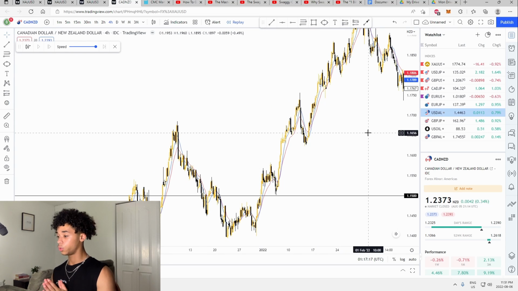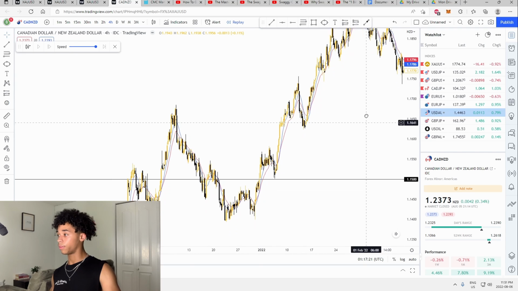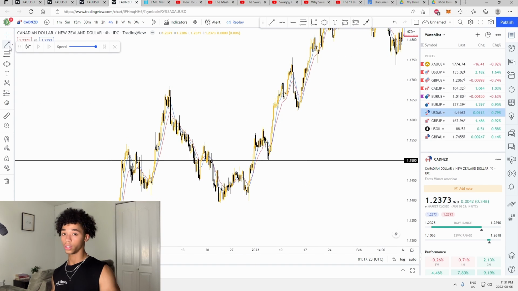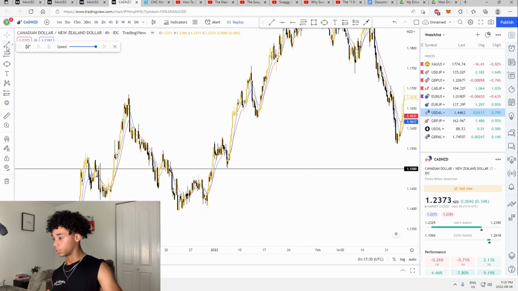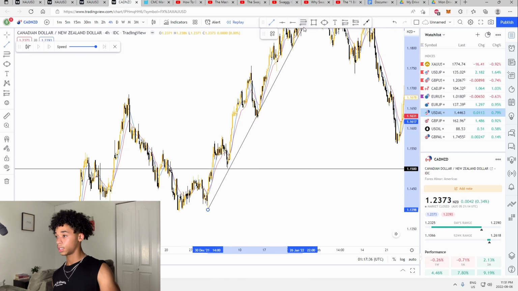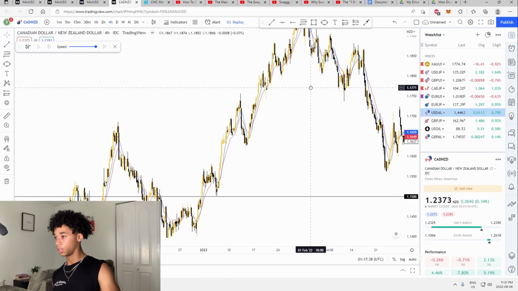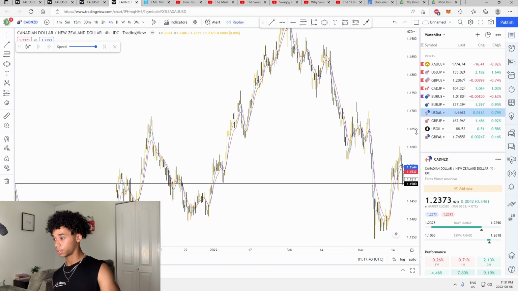To identify higher highs and higher lows, you have to first of all identify whether this trend is an uptrend or a downtrend, right? And to do that, we just put a trend line from the lowest point that price is at, and the second low, which is over here.